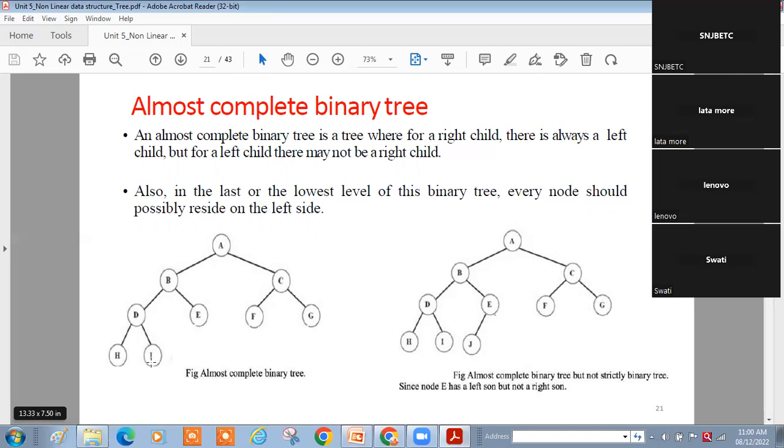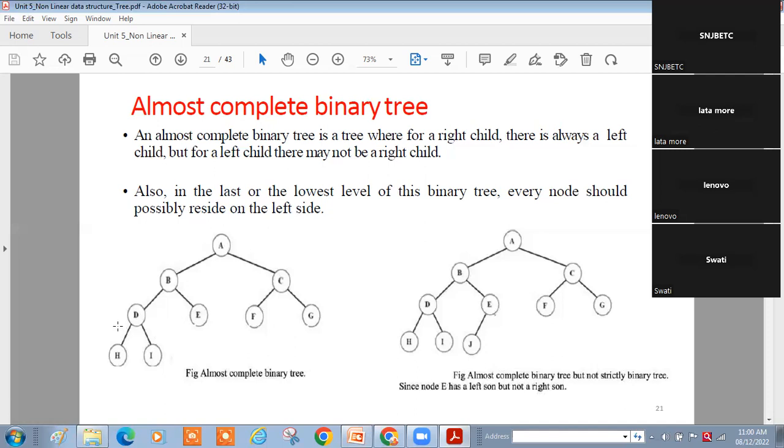In this tree, a node can have 0, 1 or 2 children, which means it satisfies the condition for a binary tree.